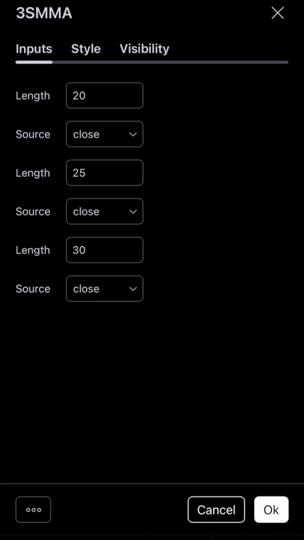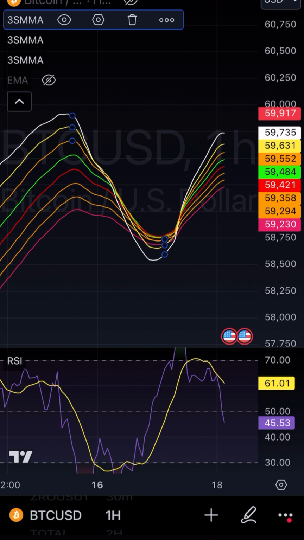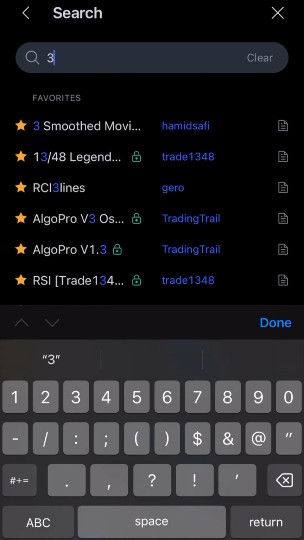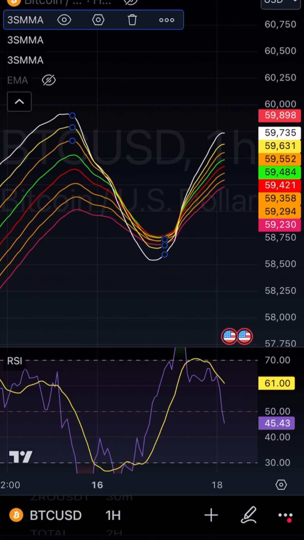There's a lot of moving averages here. You have to set up a moving average exponential of 20, 25, 30. You could do this by going to 3 smooth moving averages, and you can put 3 in one indicator, so that it won't clutter the screen as much.